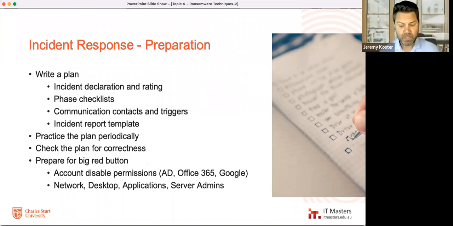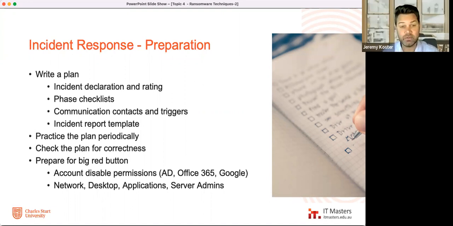Then we have communication, contacts, and triggers. This is vital. Typically in an incident, you'll have one person doing the technical coordination of incident response, but you'll also have someone doing the communications that is able to provide updates to the executive team, or even to the public relations, or even to HR if it's impacting internally as well.